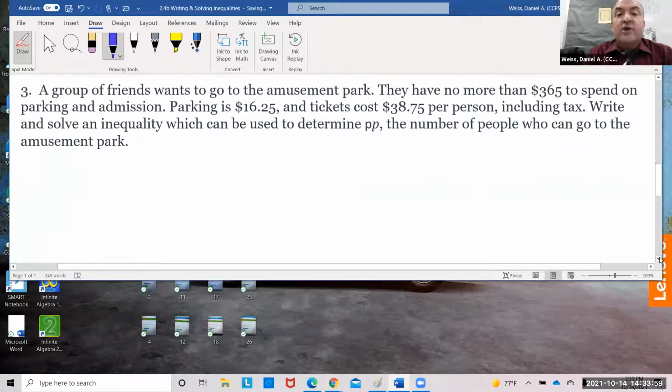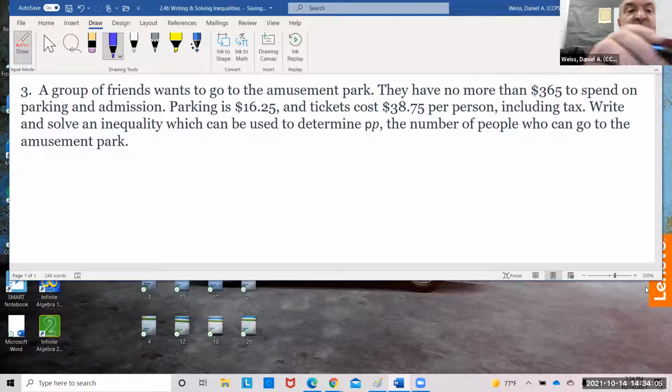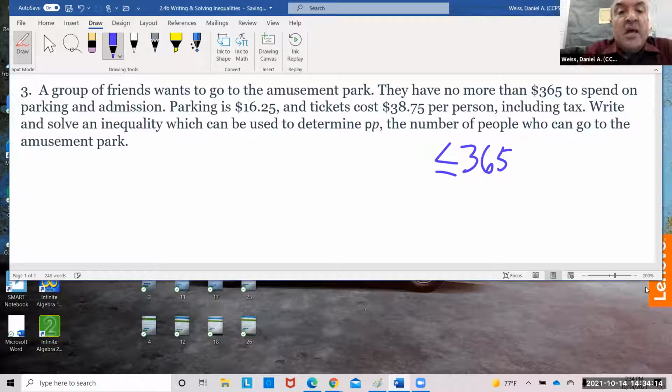A group of friends wants to go to the amusement park. They have no more than $365 to spend. So it's going to be less than or equal to $365. Now, parking is $16.25. No matter what, if you have 2 people in the car or 28 people in the car, it's going to be $16.25 for that car to park.